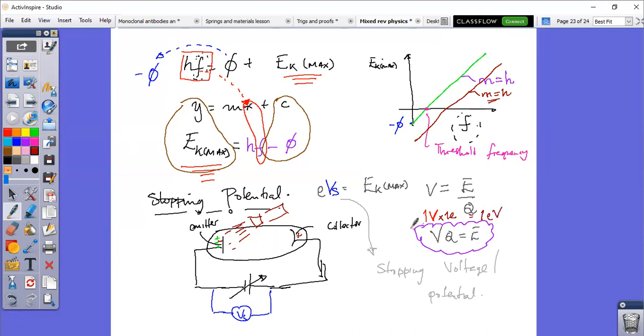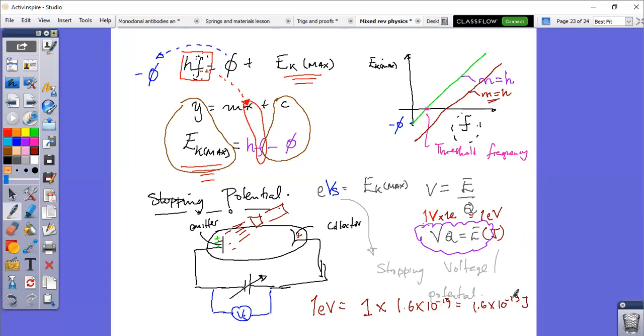And we can see that it is an energy unit because potential difference multiplied by charge gives you energy. So this here is in joules, please note. So this is another unit of energy. So 1 electron volt is equivalent to 1 multiplied by the charge of an electron. It's equivalent to 1.6 times 10 to the minus 19 joules.